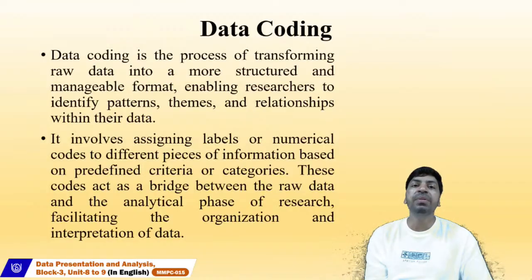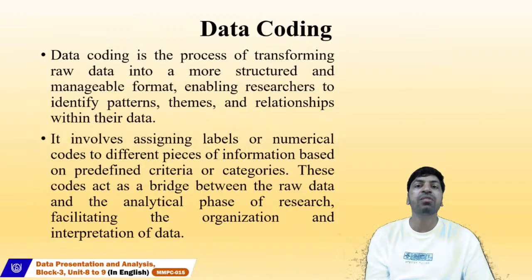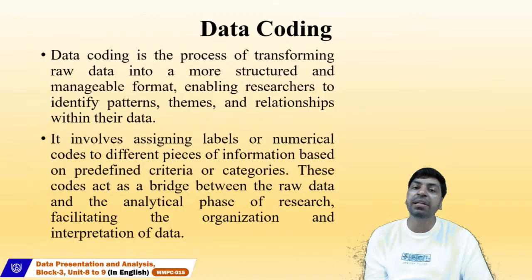The next concept is data coding. Data coding is a process that transforms the raw data into a more structured or manageable format, which helps the researcher to identify patterns, themes, or relationships within their data set.